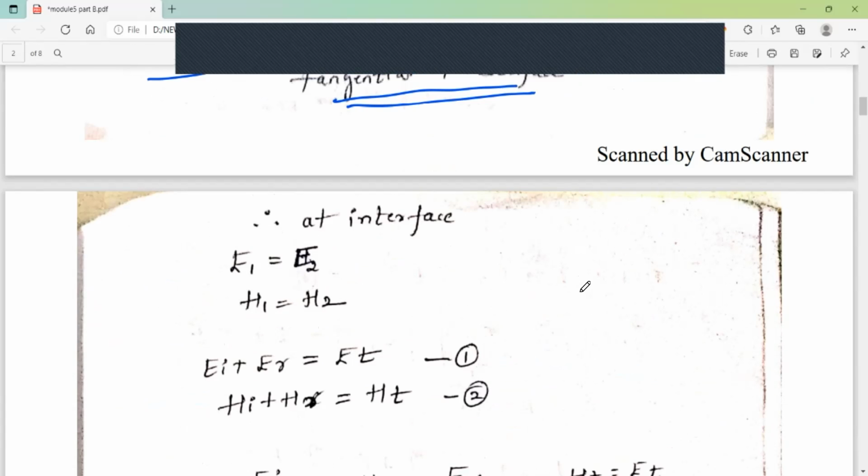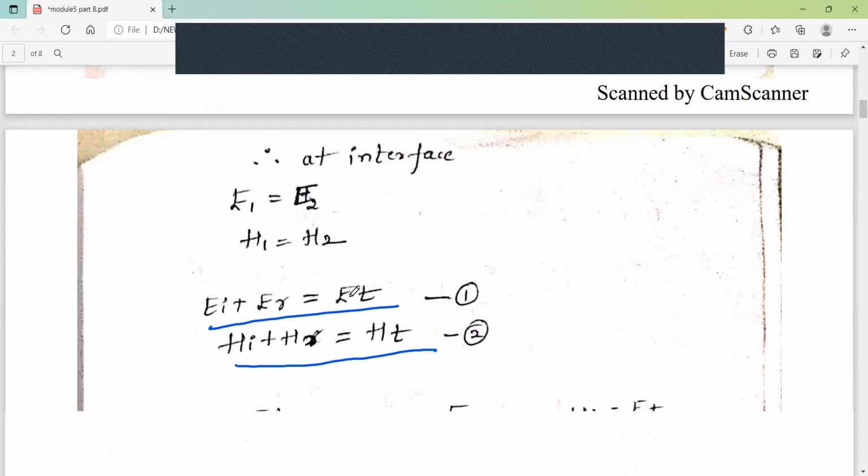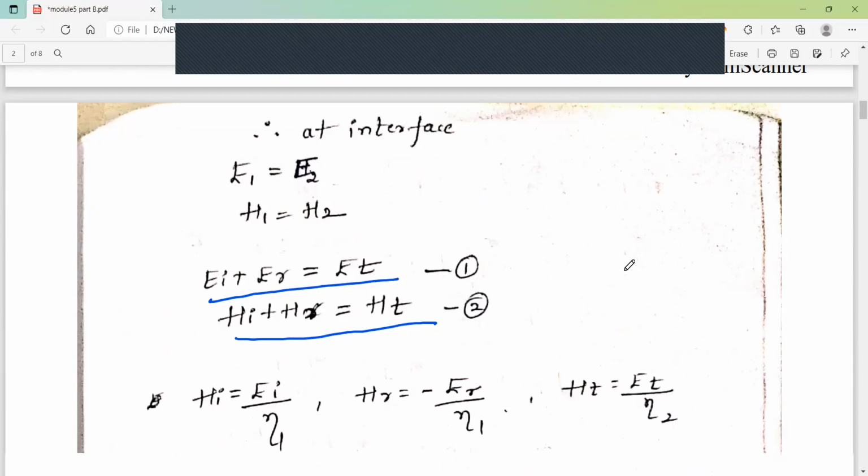So if we equate both of them, what are we getting? We are getting two equations. That is, electric field incident plus electric field reflected is equal to electric field transmitted. And magnetic field incident plus reflected is equal to transmitted. Because the tangential component across the medium is equal. Okay, so this is the expression which we are getting.